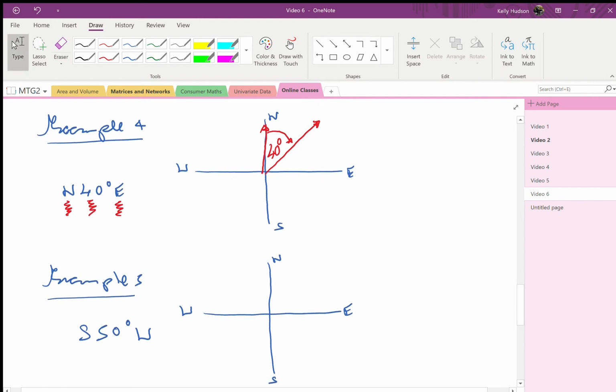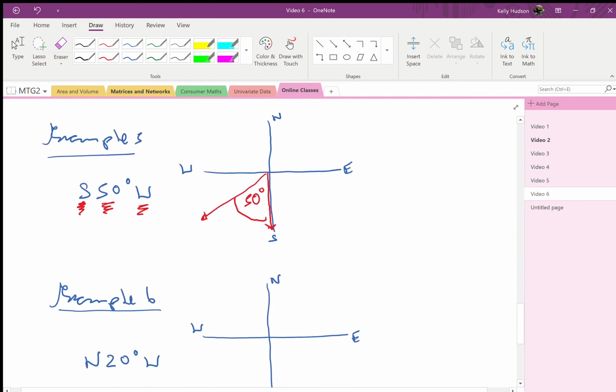South 50 degrees west. Well, head towards the south, then swing 50 degrees towards the west. So I'm going to go in a southerly direction, and I go 50 degrees towards the west. There's my 50 degrees, and that's my bearing.